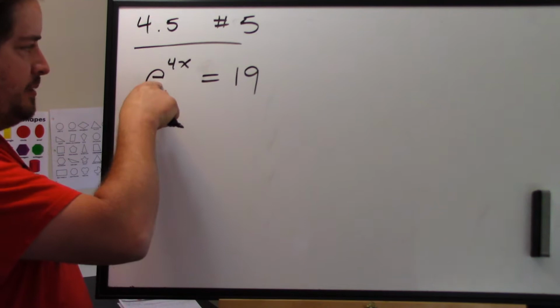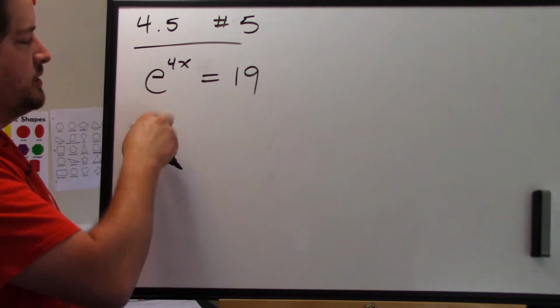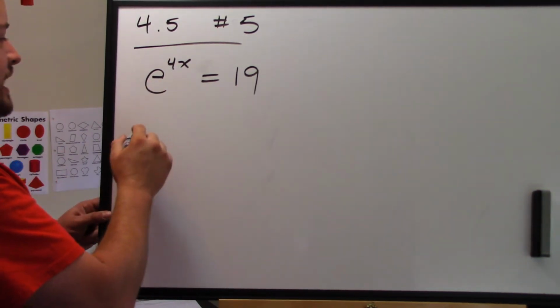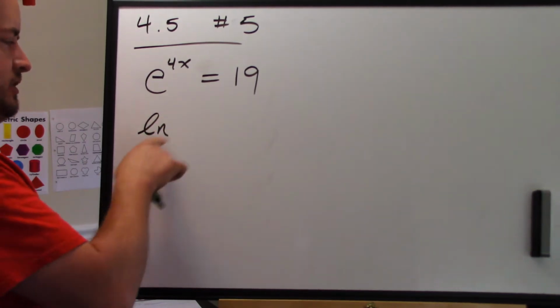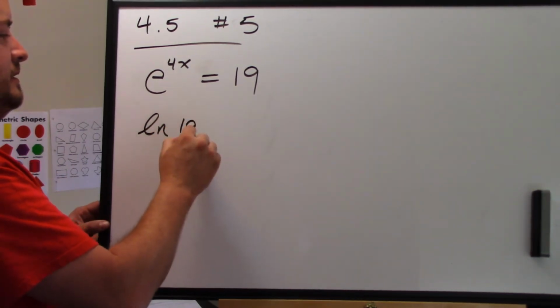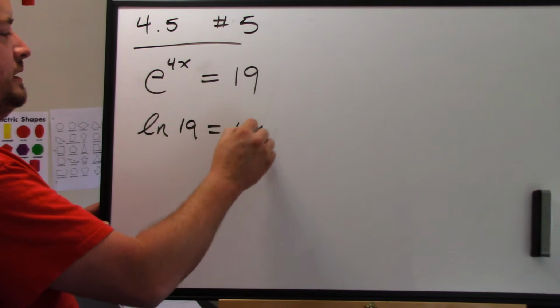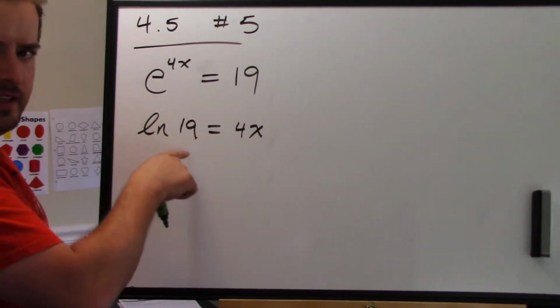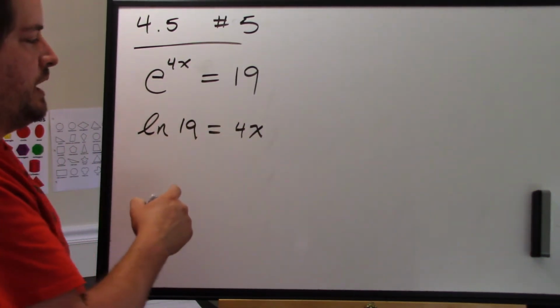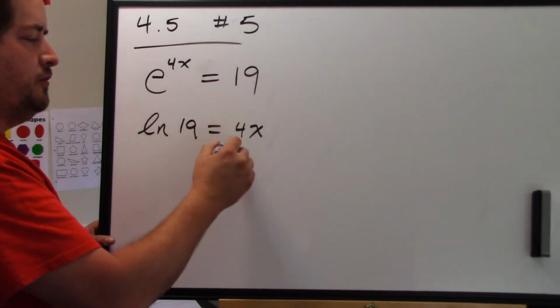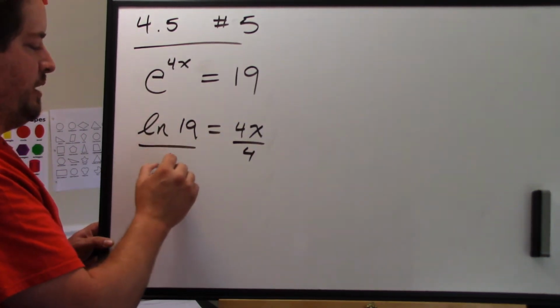And since e is the base of my exponential, it's going to be the base of my logarithm, so I get a natural log. And this turns into the natural log of 19 equals 4x. The natural log of 19 is just some number. We'll have to throw that into a calculator to figure it out. But I can solve all the way for x by simply dividing by 4.